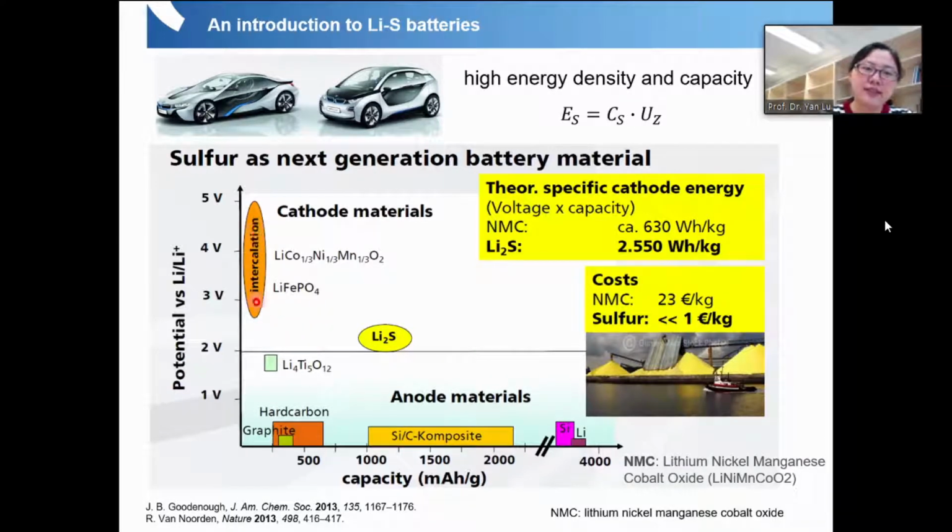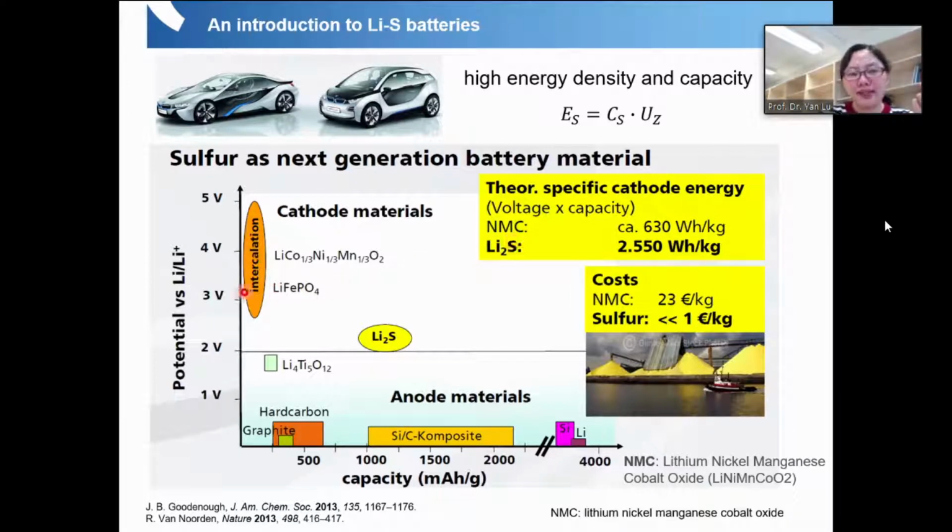This is a classical cathode material for the lithium-ion batteries. For example, NMC is one of the most famous and most often used cathode materials for lithium-ion batteries, which is based on nickel manganese cobalt oxide.